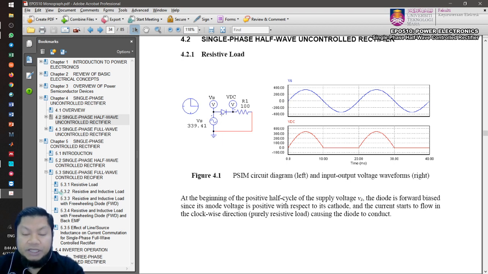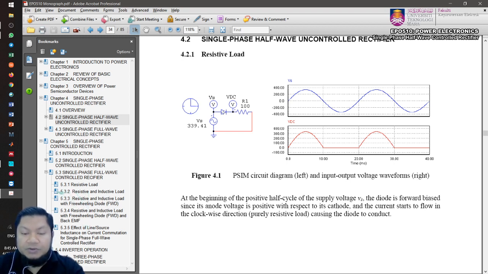What about if you change the diode? You're going to remove this and replace it with a thyristor. Okay, so the thyristor has the gate, right? So you have a gate terminal here, whereby this gate terminal actually will control the turn on of the thyristor.